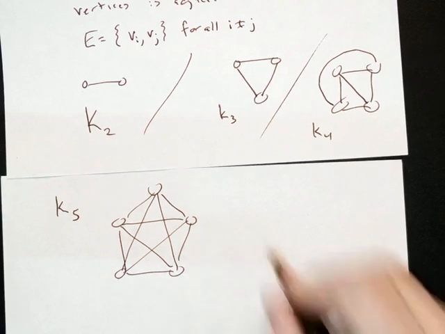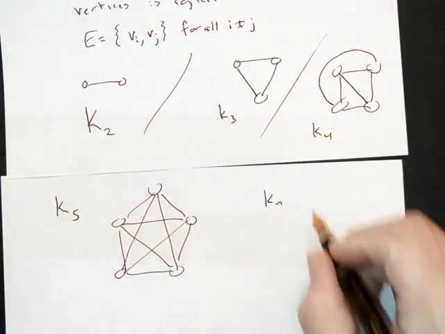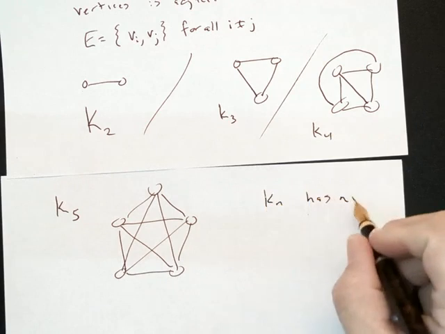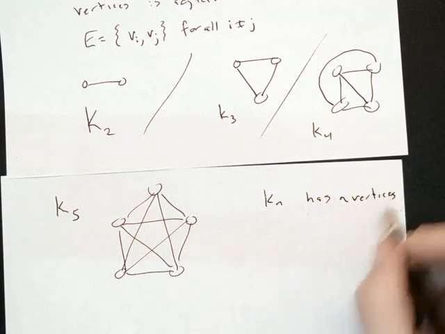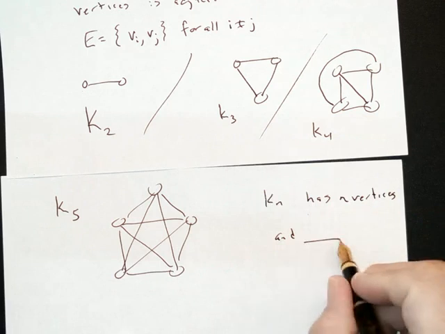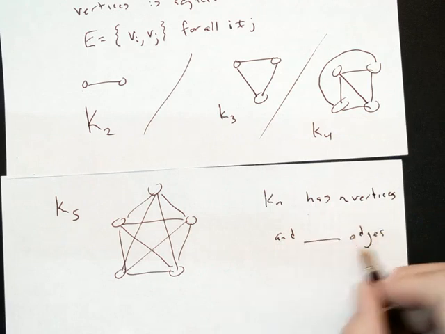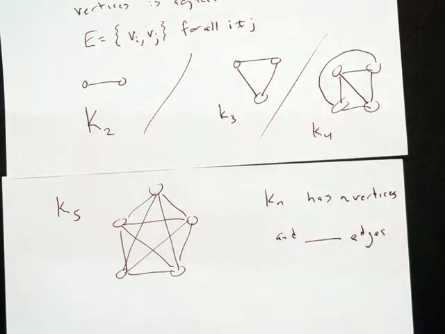Wait a minute. Kn has n vertices. And how many edges? What fills in that blank?